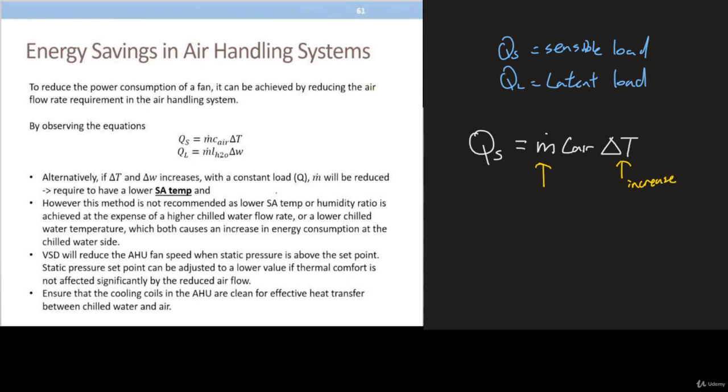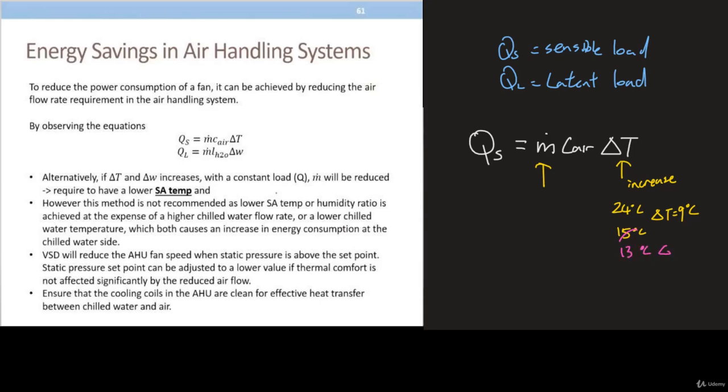So for example, if your return temperature is 24 degrees Celsius and your supply temperature is 15 degrees Celsius, your delta T initially is 9 degrees Celsius. But in order to have a lower fan speed, you may try to increase this value to maybe 11 degrees Celsius. But to achieve that, your supply air, instead of 15, has to be 13 degrees Celsius.